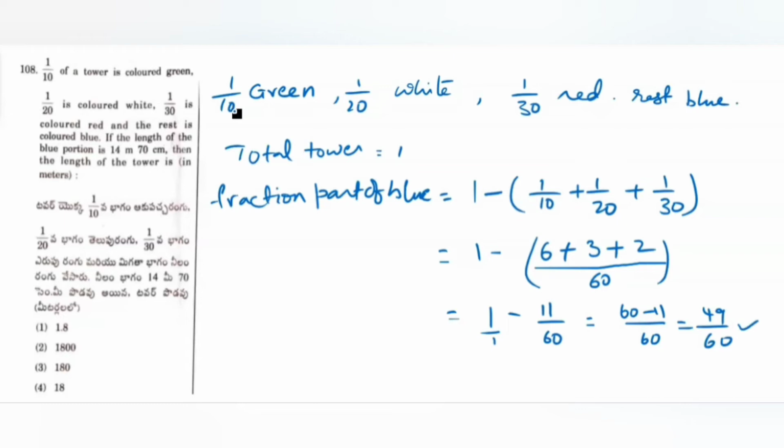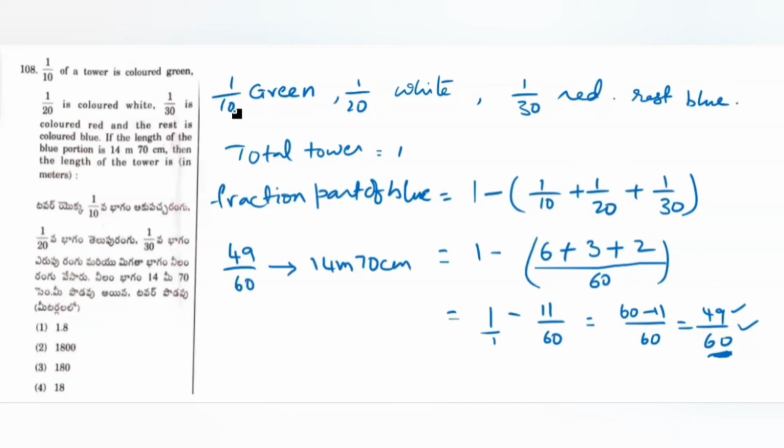That means if the total length of the tower is made into 60 parts, in that 49 parts are blue. 49 by 60 is nothing but 14 meters 70 centimeters.